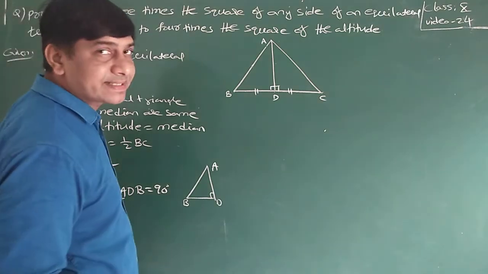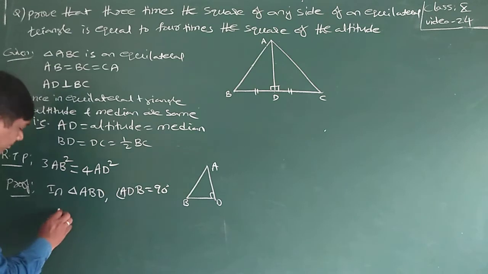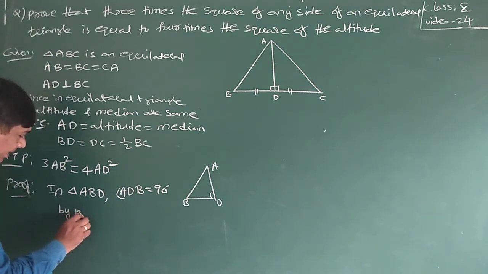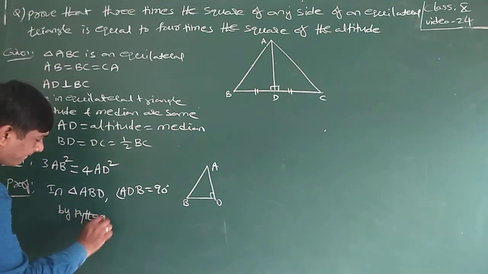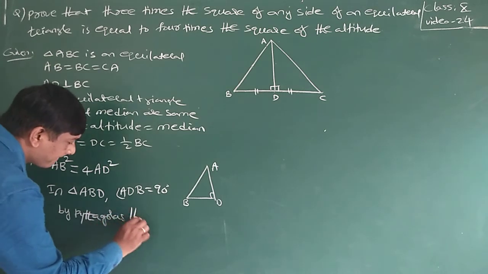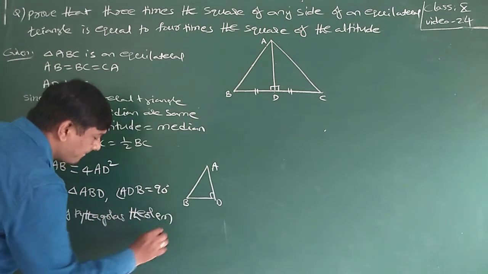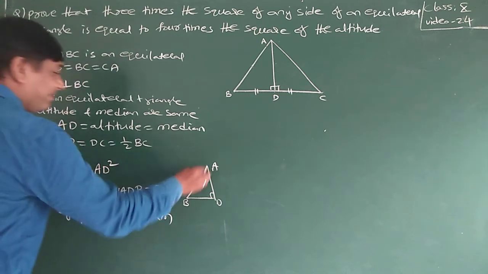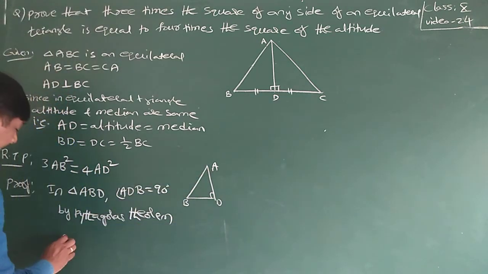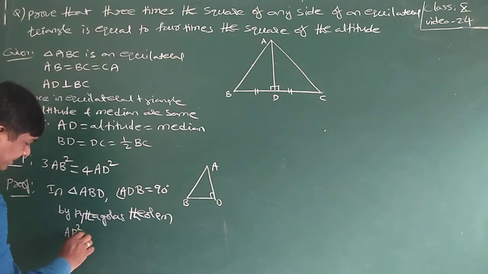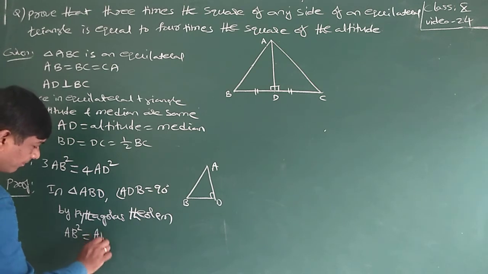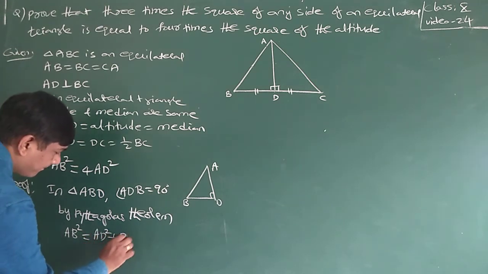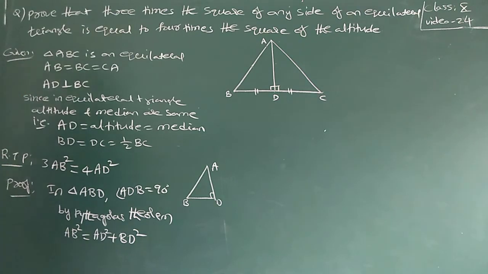By Pythagoras theorem, AB square is equal to AD square plus BD square. Is it reachable to you? Let me check whether it is reachable or not. Yes.